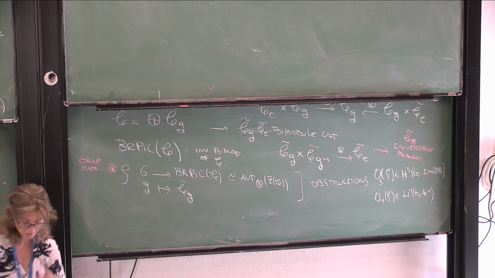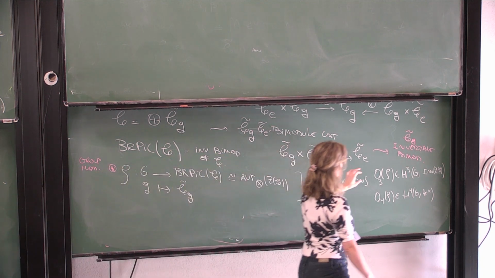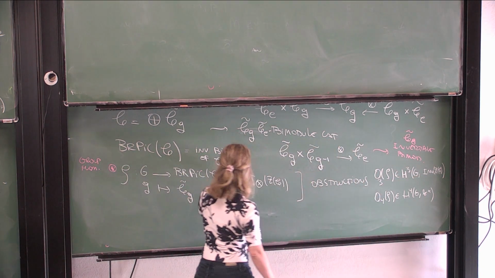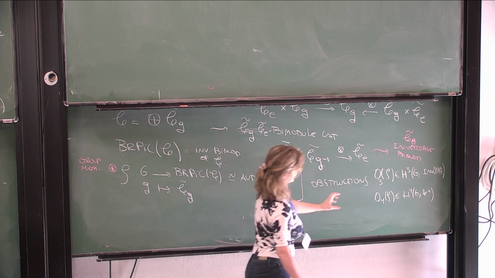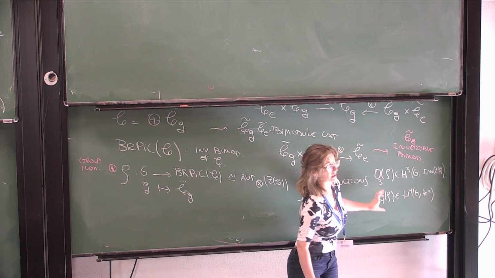This one, again, will be more related to having certain actions, so it might be easier to think in this side. But then this one is for associativity to be coherent.